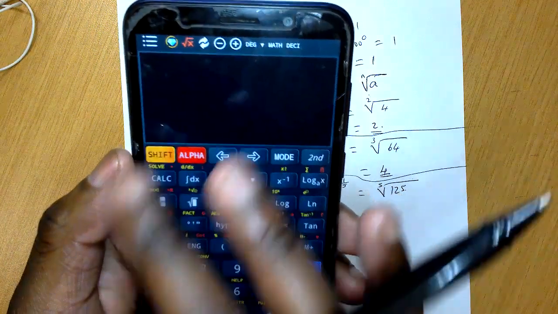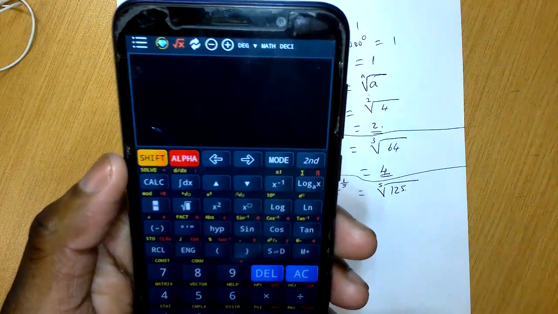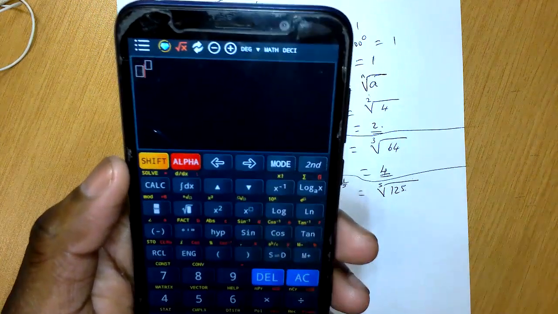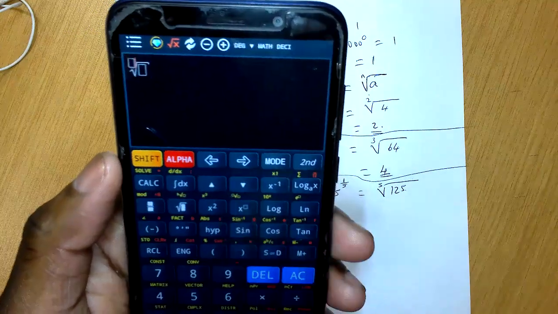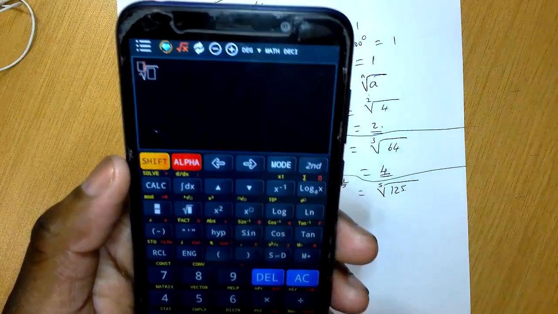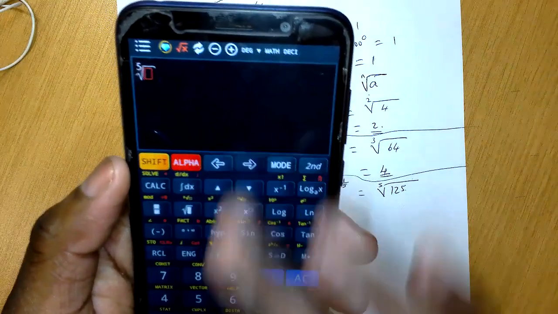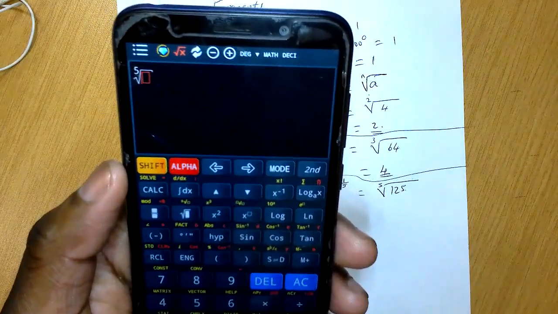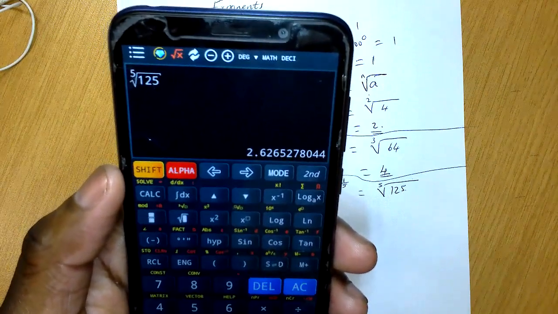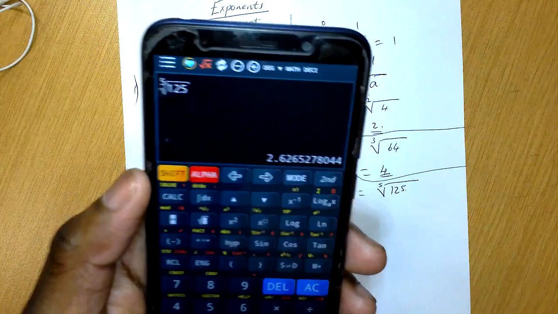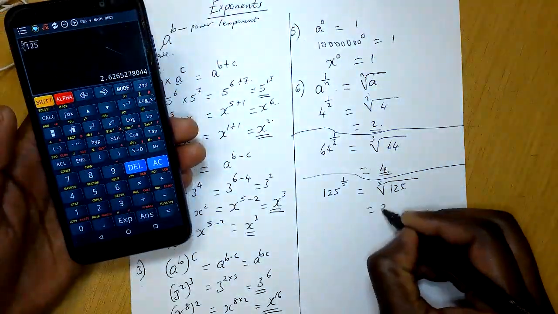Put 5 there, then you move to the inside and put 125. And that gives us 2.63.